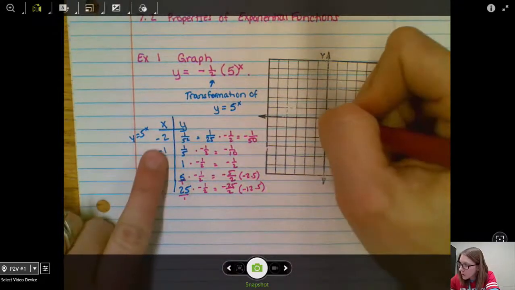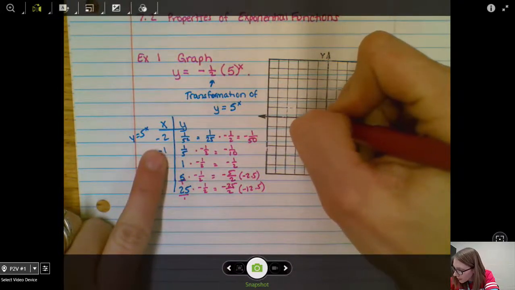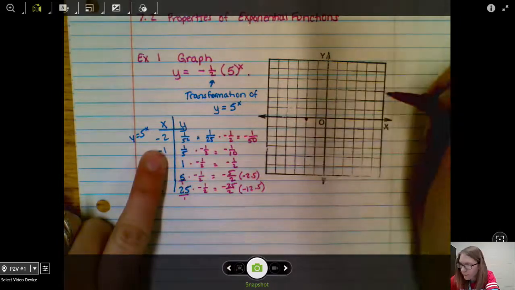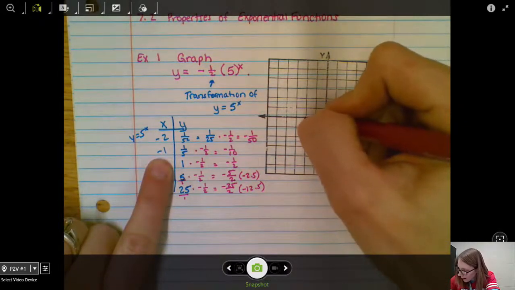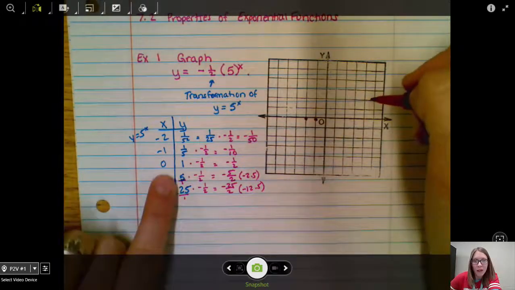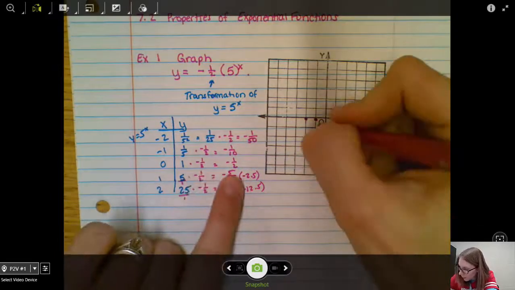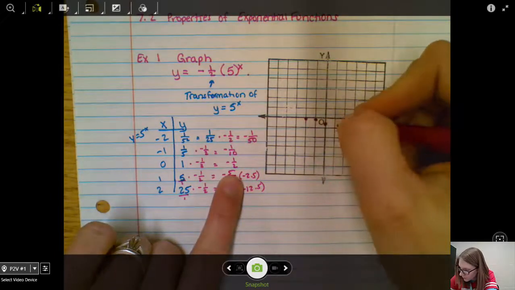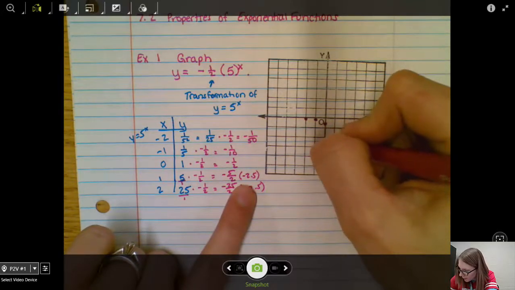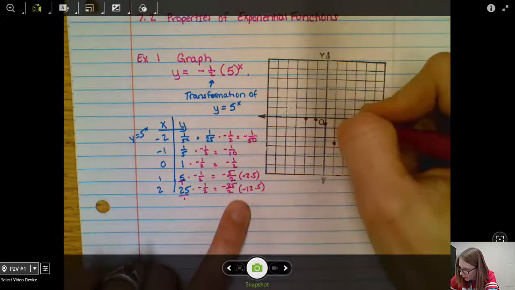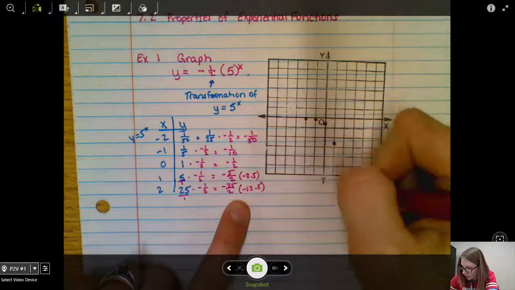So -2, -1/50, like I said, it's right off of the x-axis. -1, -1/10, it's pretty darn close to the x-axis as well. Then 0, -1/2, 1, -2.5, and then 2, -12.5 is going to go off my graph.